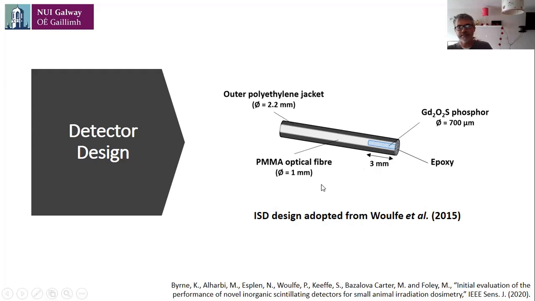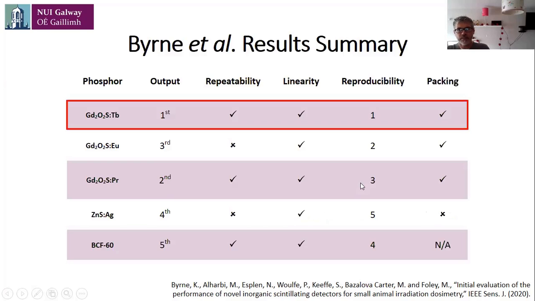Again, the design is quite similar, just a smaller depth in the well. We tested this, and we tested parameters such as repeatability, linearity, reproducibility, and the packing quality within the actual well. As mentioned, this is published this year in the Sensors Journal.